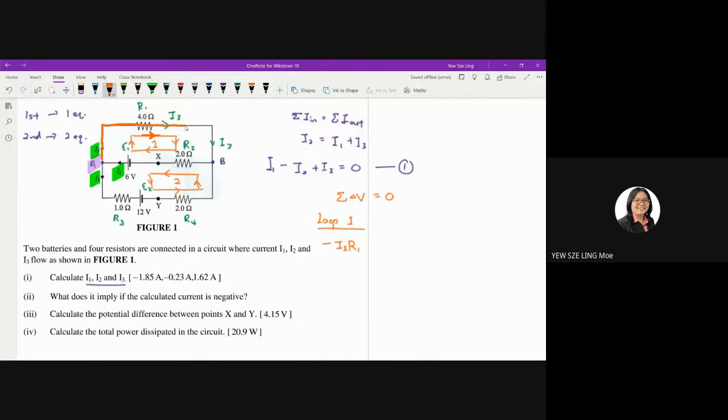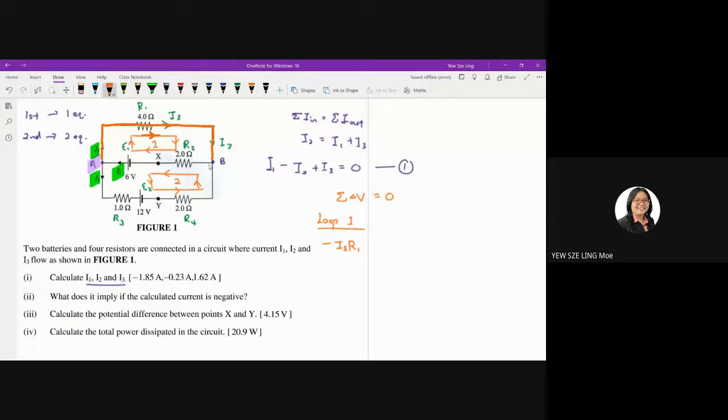After it passes through R1, it keeps traveling, and it goes to point B. Now it reaches junction B. There are no more other components along this orange path.